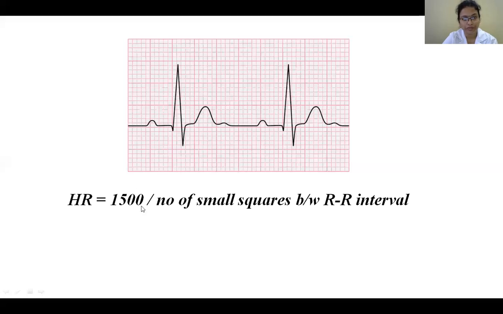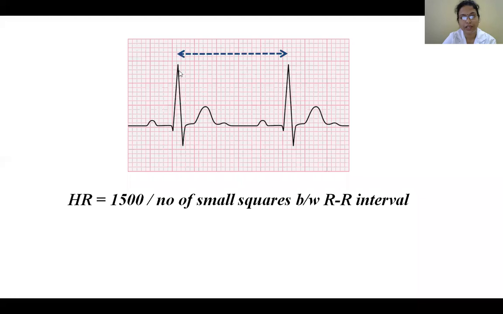So here, we start calculating the heart rate. I have given you only 2 waves over here. Look here, if you start counting the boxes, 1, 2, 3, 4. So 4 boxes is equal to 20.